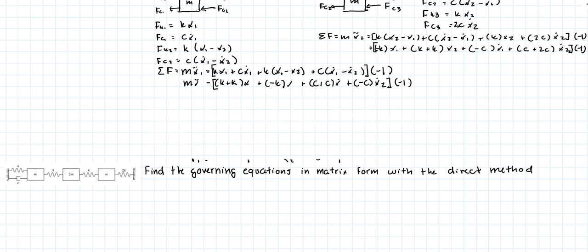And so what we have is, for the first equation, m x double dot 1 plus 2k x1 plus minus k for x2 plus 2c for x dot sub 1 plus minus c for x dot sub 2, and that is equal to 0.